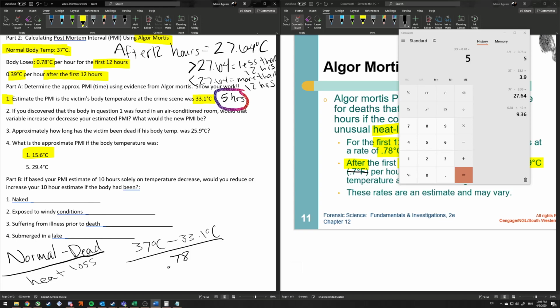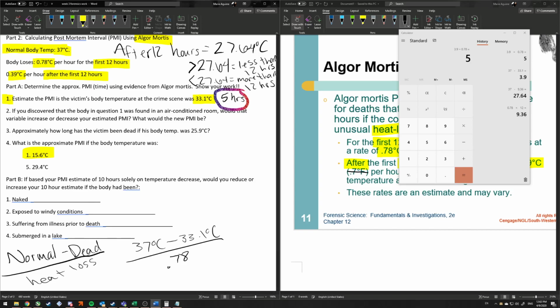So after 12 hours, we know that the body temperature is 27.64. Is 15.6 greater than 27.64? No, right? But it is smaller than 27.64. So we know that the body has been dead for more than 12 hours.